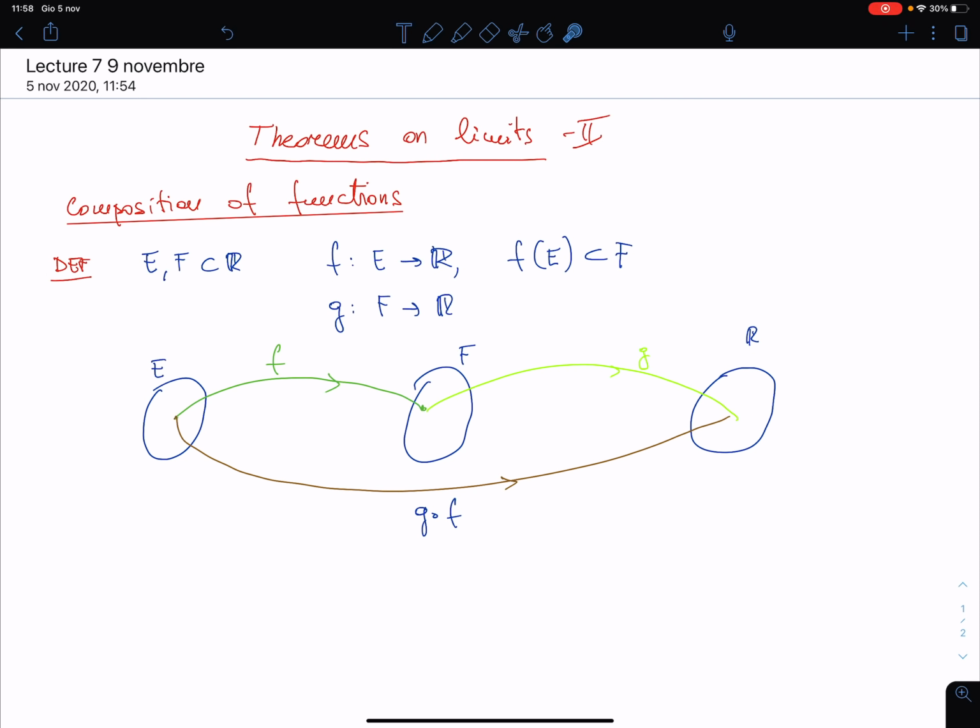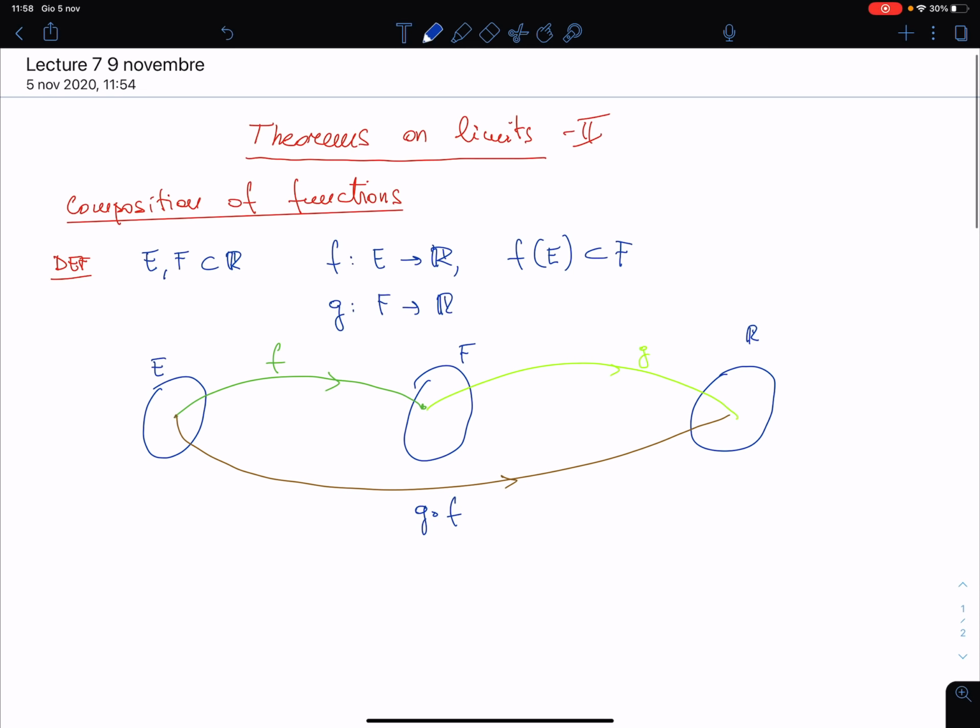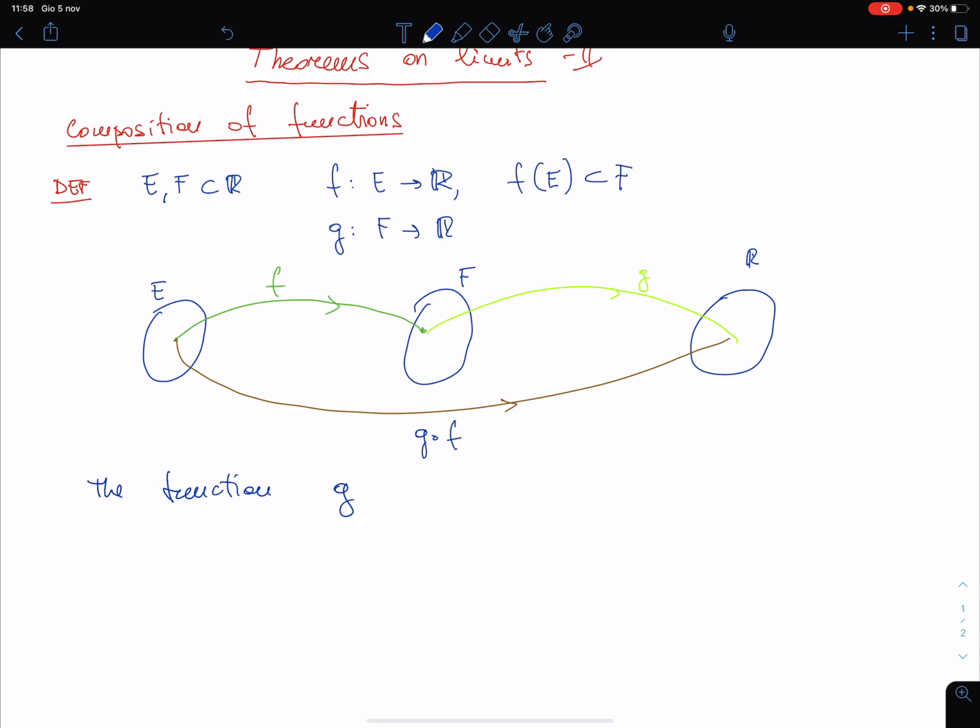So the definition is quite simple. The function g composed f, with this little o, this small ball, I don't know how to call it properly, goes from E to R and associates to every x g evaluated in f of x.